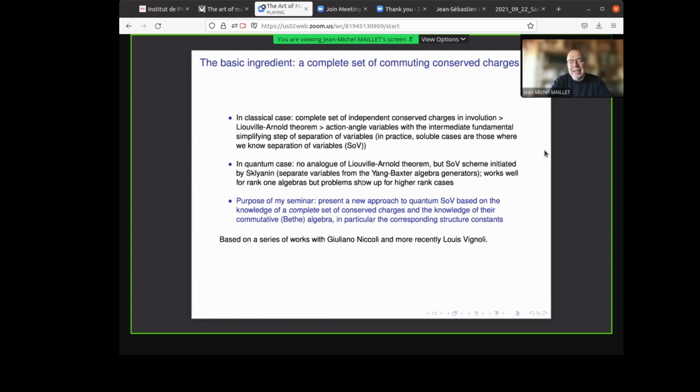However, Sklyanin invented, very long ago now, the quantum separation of variables scheme, and he was able, using the Yang-Baxter algebra, to design such a scheme which helps to solve, at least in the rank one case, a lot of models. And in fact, what is very interesting is that using this method, you somehow go out of the Ansatz framework. You have really a resolution.